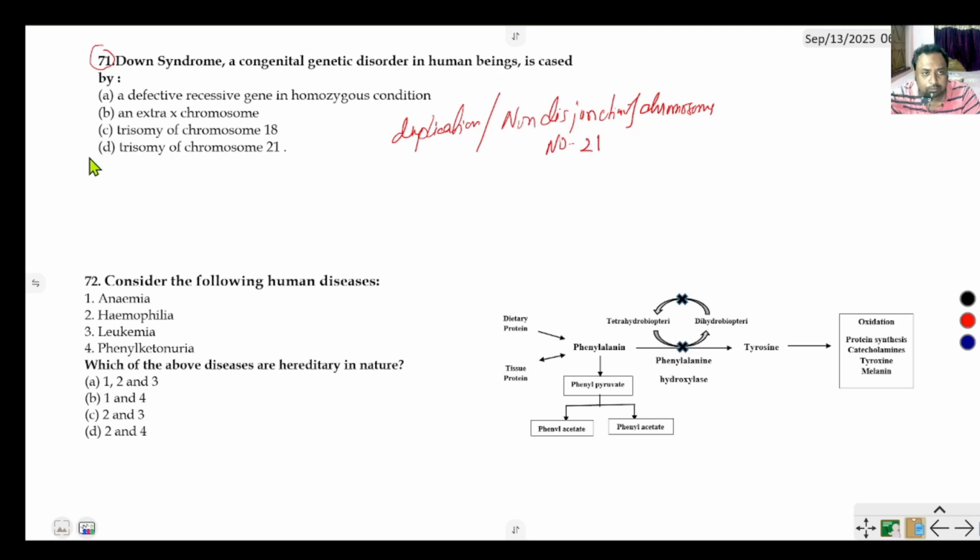So here trisomy of chromosome 21 is the cause of Down syndrome that occurs in a child. Trisomy 18 is Edward syndrome. And an extra X chromosome copy is Klinefelter syndrome.